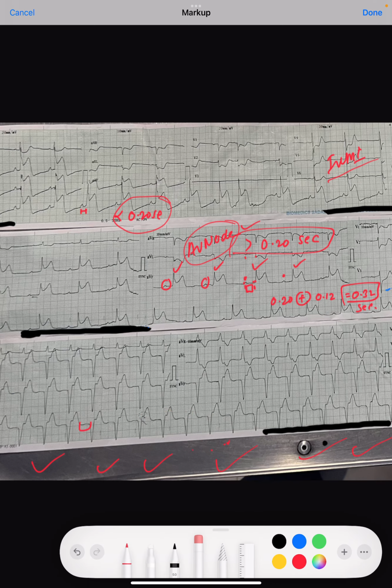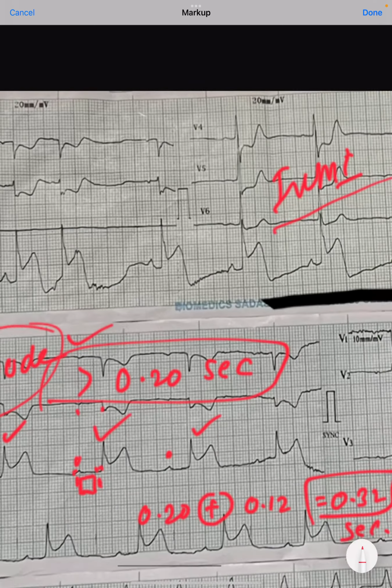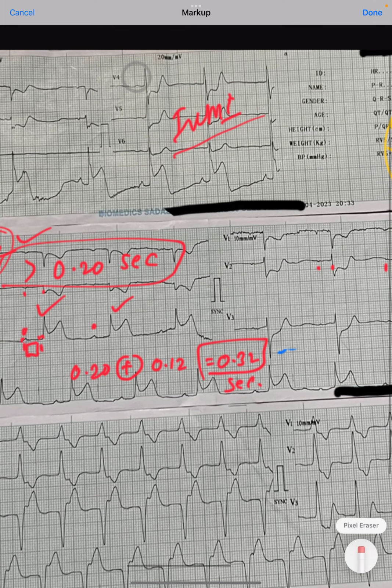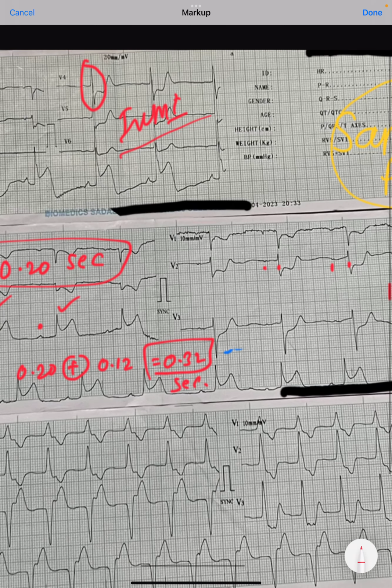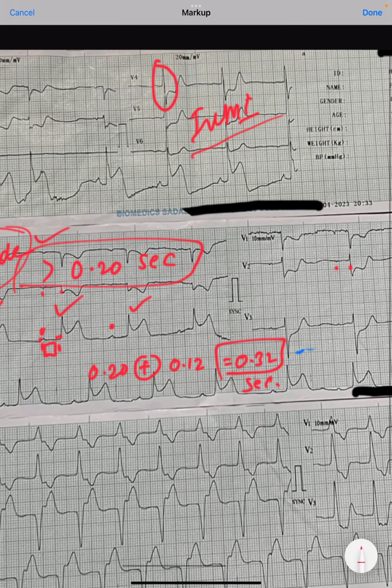The second thing is the width of QRS. See, this is the width of QRS. The QRS is very narrow. The QRS is hardly two small boxes, because the normal QRS length should be 0.1 second, meaning around 2.5 small boxes.